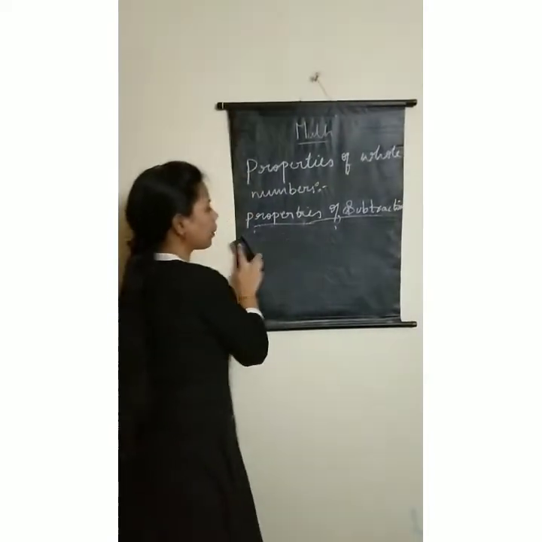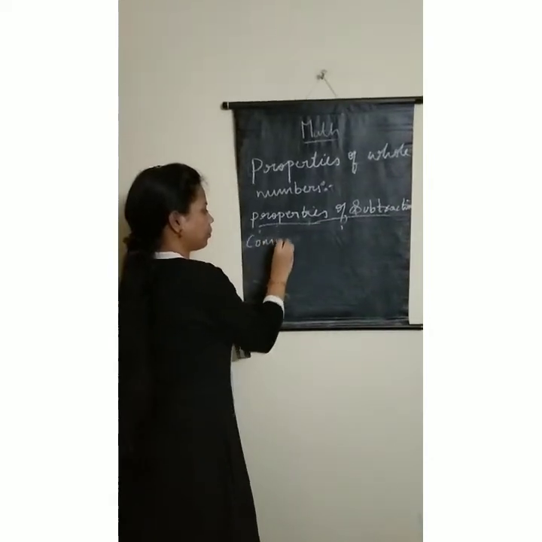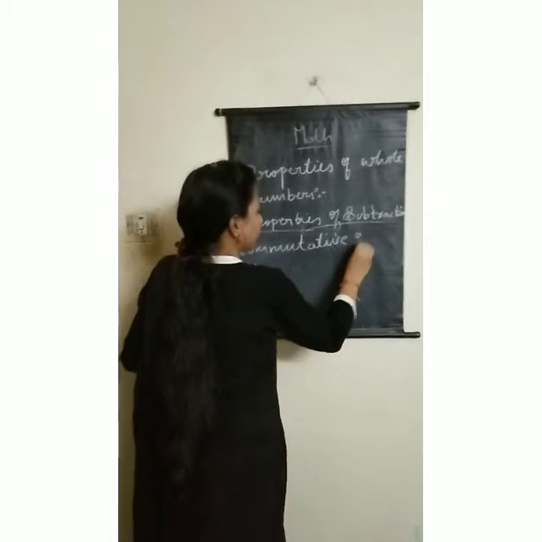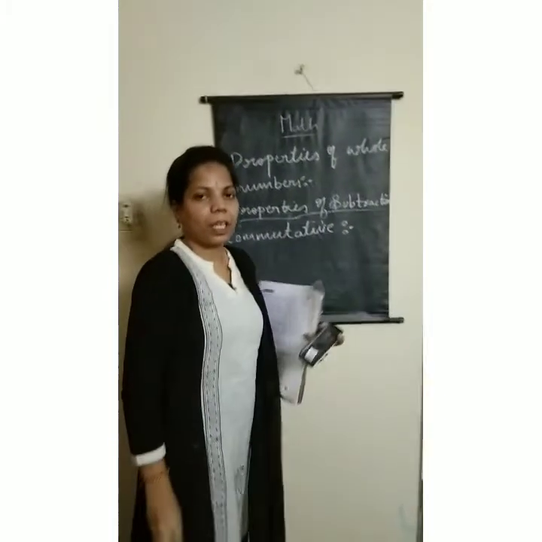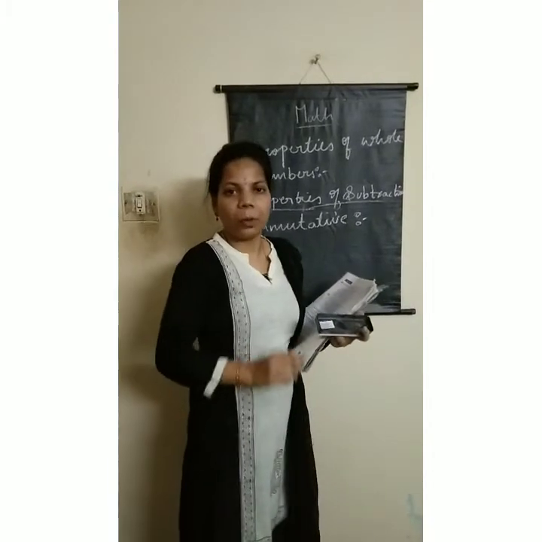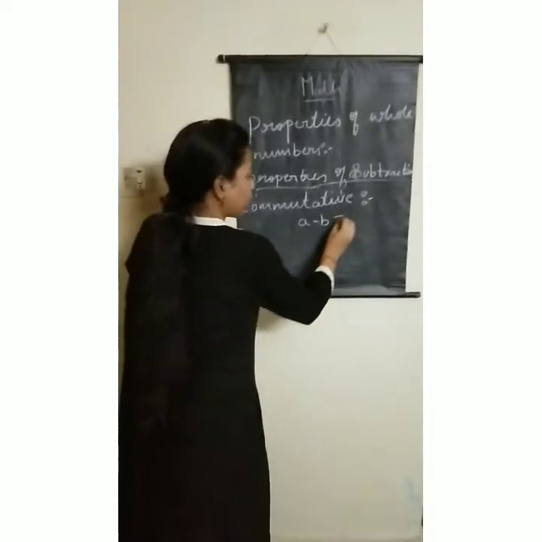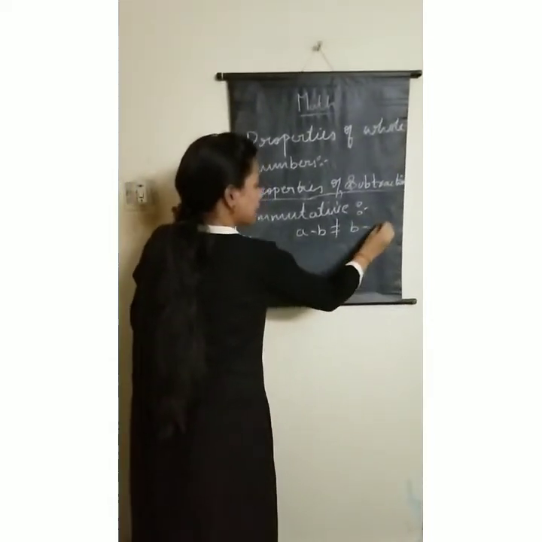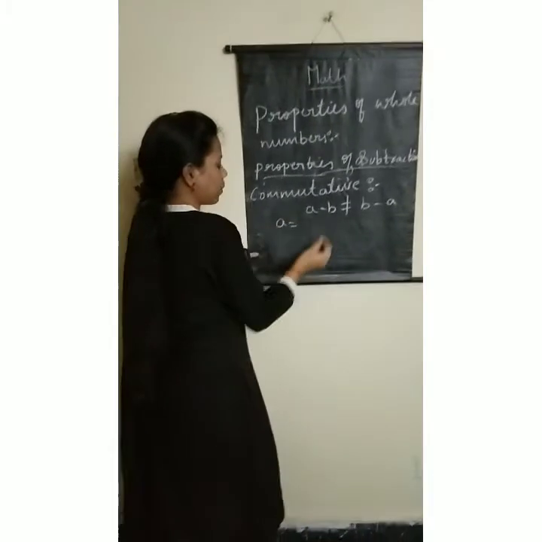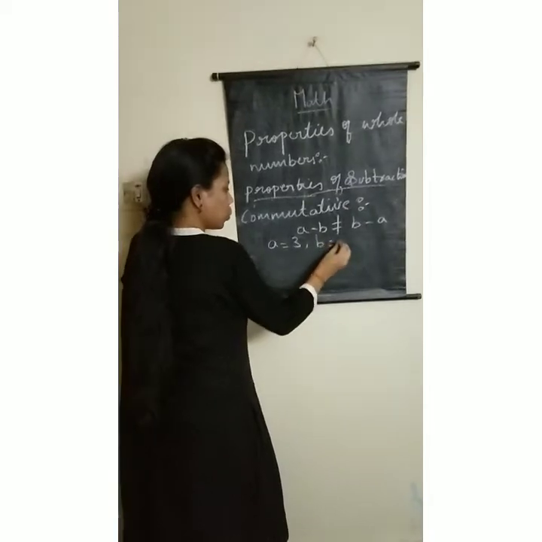Next, commutative property. Here, if A and B are two whole numbers, then A minus B is not equal to B minus A. So we will take an example. If A is equal to 3, B is equal to 2.